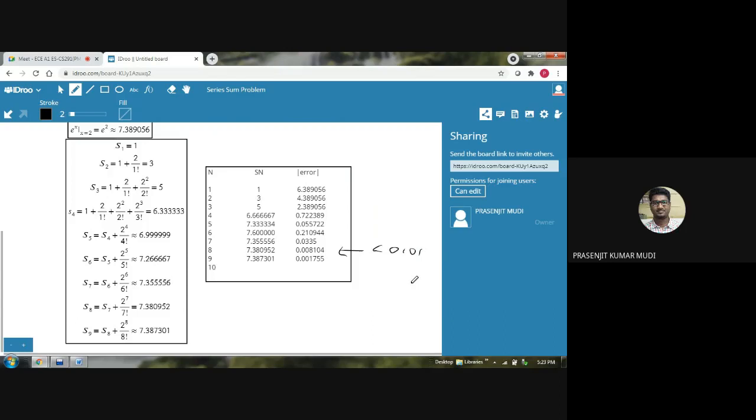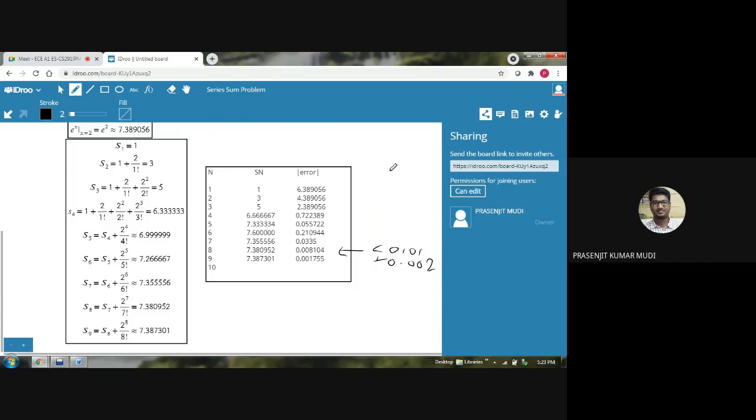Okay, that's it. Here you can say the error is less than 0.002, right? 5 times greater than the previous result. Okay, into 5 equal to this one.